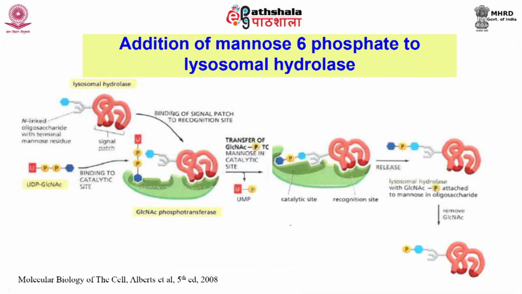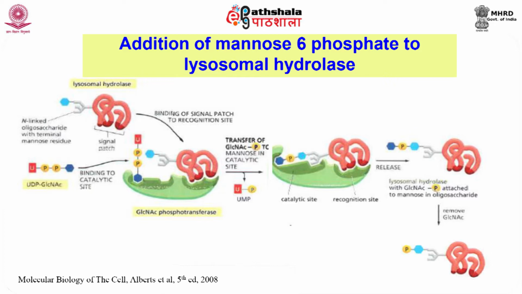The hydrolases have N-linked oligosaccharide with terminal mannose. Once the hydrolase binds, the phosphotransferase adds UDP glucose N-acetyl glucosamine to the catalytic site. The N-acetyl glucosamine phosphate is transferred to mannose and UMP is set free.